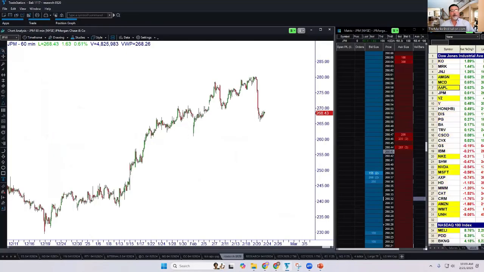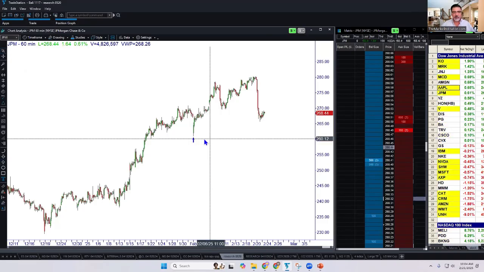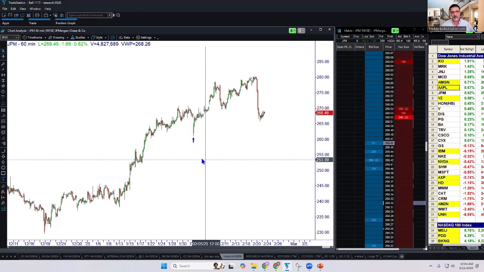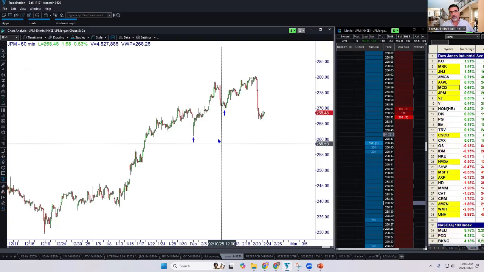Now, when we're looking at any price chart, how many of you look at here and say, man, I wish I could have gone long right there? That was a beautiful trade. And maybe you even said, hey, I wouldn't mind even going long right here.